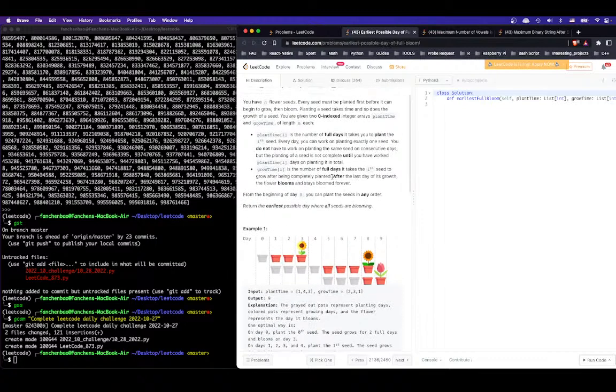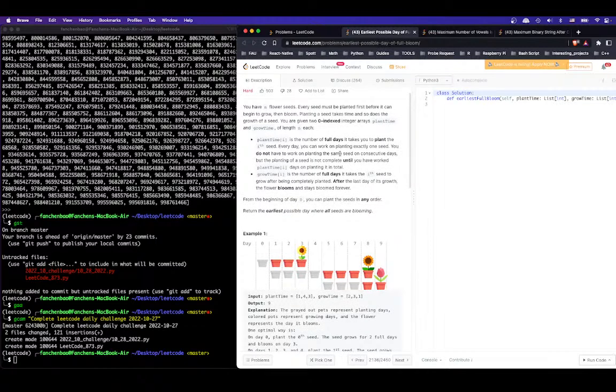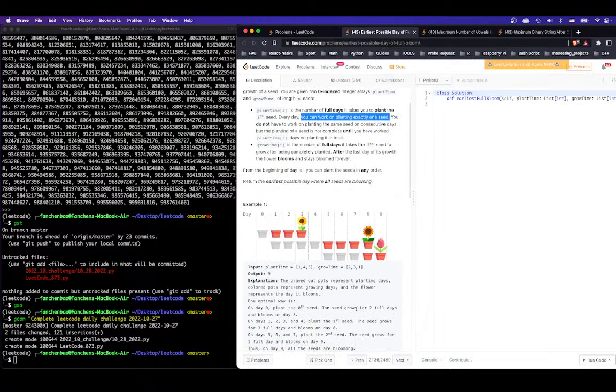And every day you can plant only one, right? You can work on planting exactly one seed. Okay. And you don't have to work on planting the same seed on consecutive days. So we can plant it, and we can plant another one, and then come back to it.